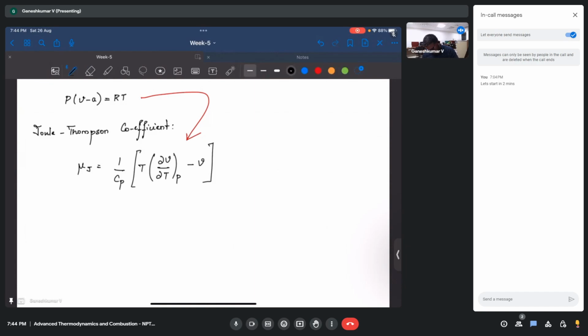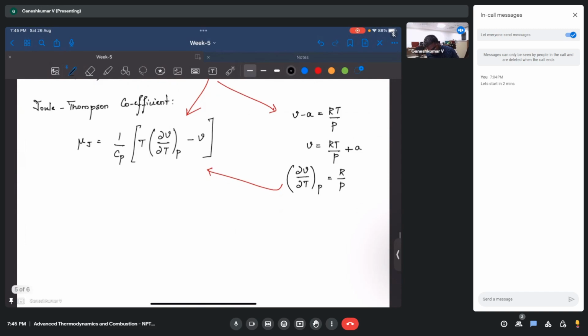Let's write this in terms of V. So V minus A is equal to RT by P, V is equal to RT by P plus A. Now how do we find dou V by dou T at constant P? It is going to be just R by P, A is just a constant, right? So let's substitute it back.